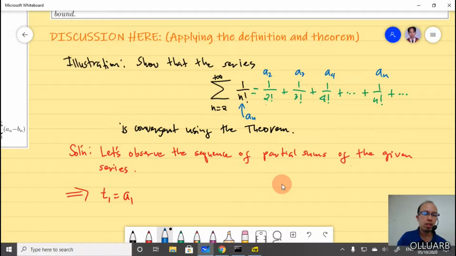So from here, our first term, we will denote as t2, so as not to confuse with the notation. If you encounter a problem where n starts from 1, then you will use t1 as your first term.